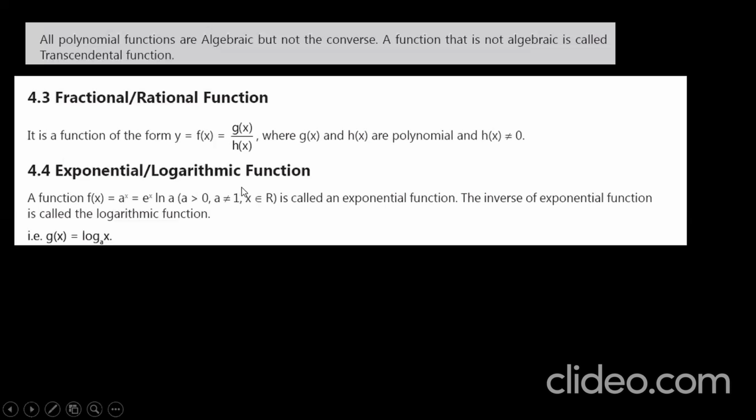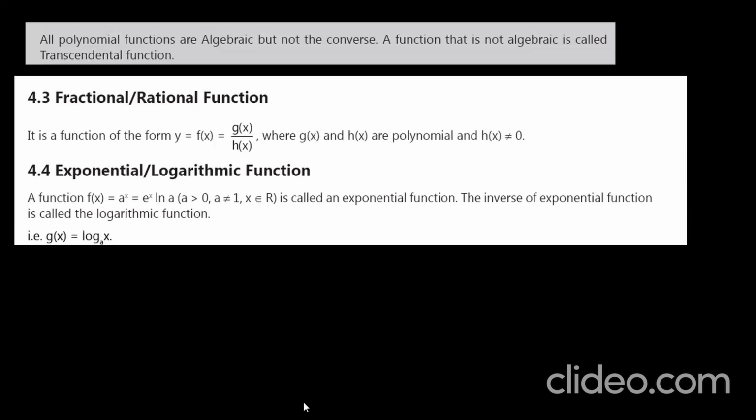Next, exponential function, or I can say logarithmic function. Both we can call. Exponential or logarithmic function, there is actually some difference, I will tell you that.